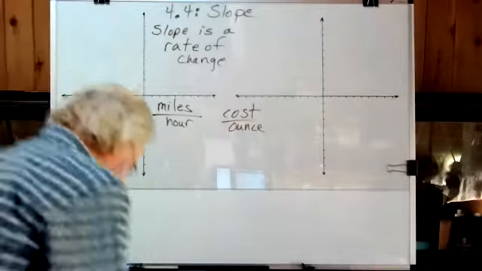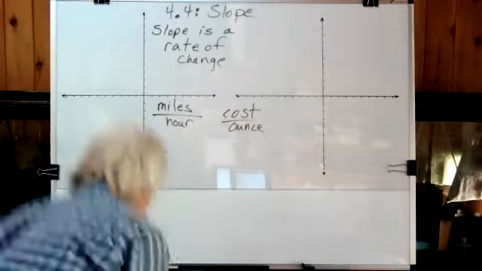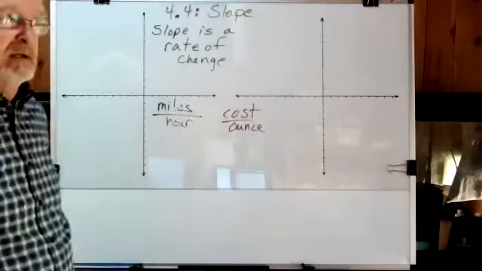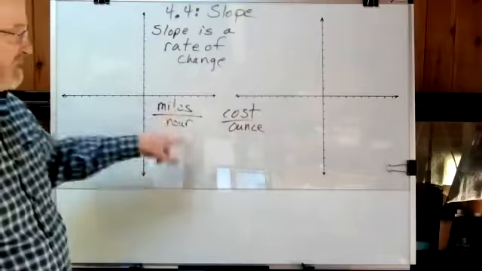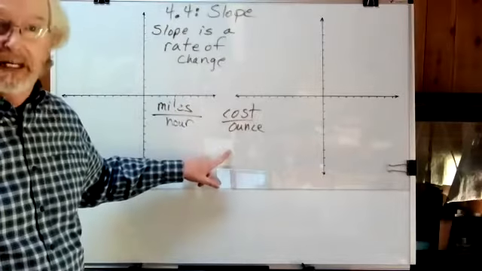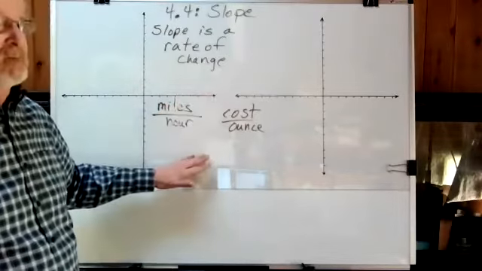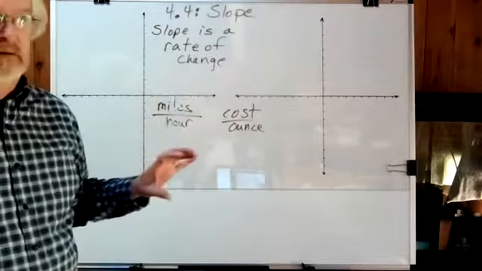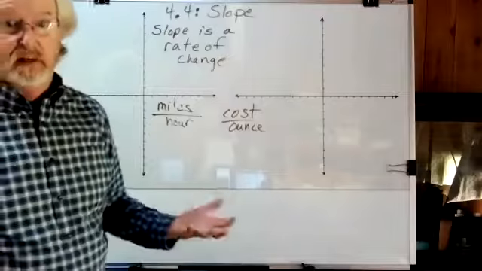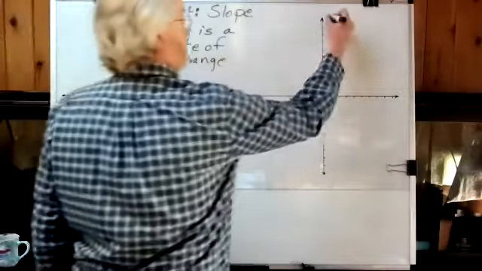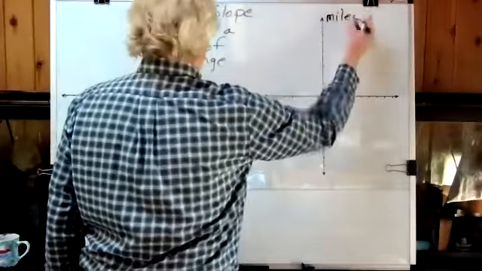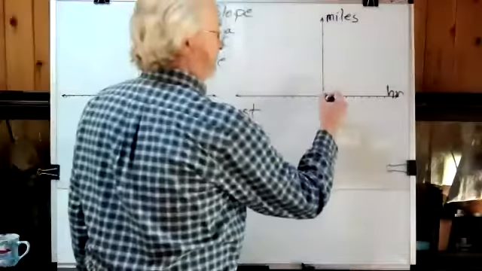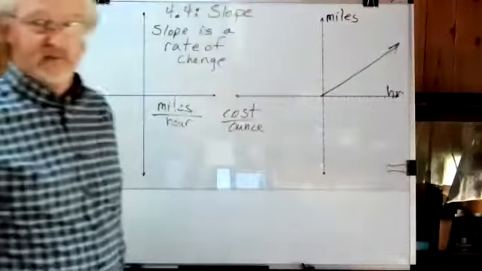Okay, so how do we describe it? First of all, I created these as ratios that are rates, one kind of unit divided by the other. And those units directly relate to the units on my graph. Like this would be miles per hour. What distance have I traveled based on how long I've traveled?